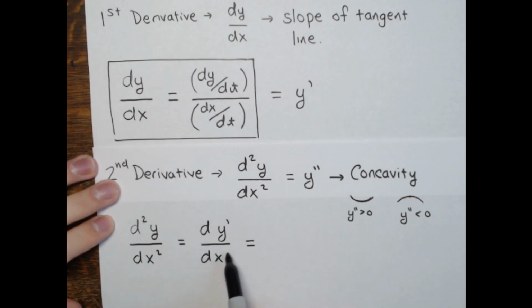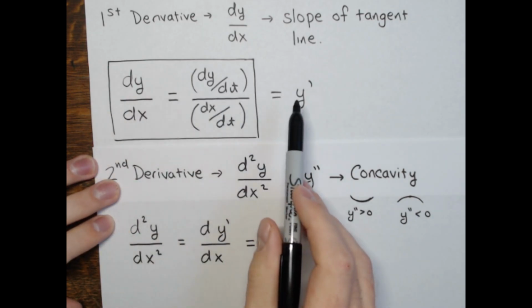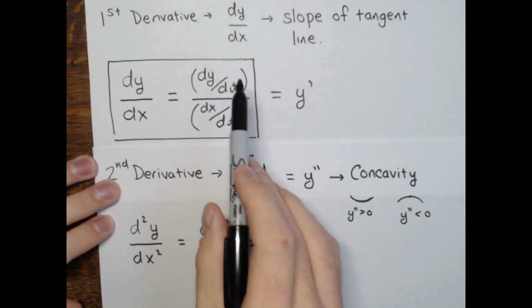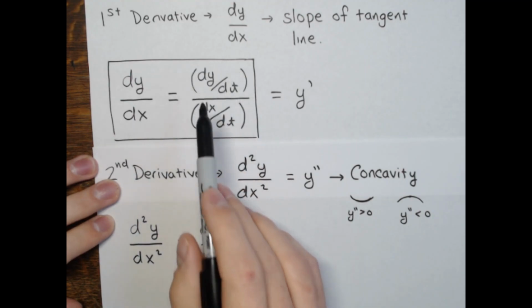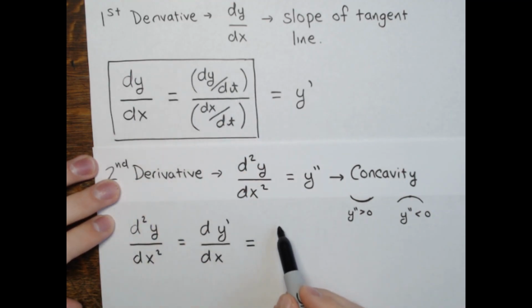And then I calculate this first derivative of y prime with respect to x the same way we did up here. When we find y prime, when we find dy dx, it'll be something involving t. So then I take the derivative of y prime with respect to t in the numerator here.